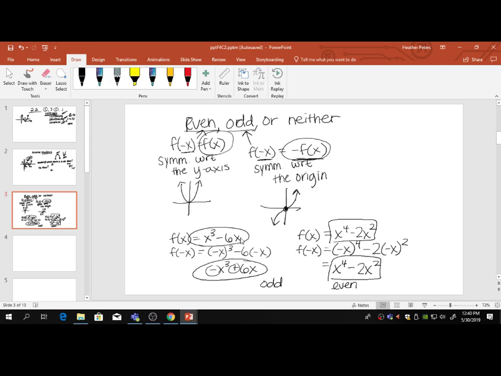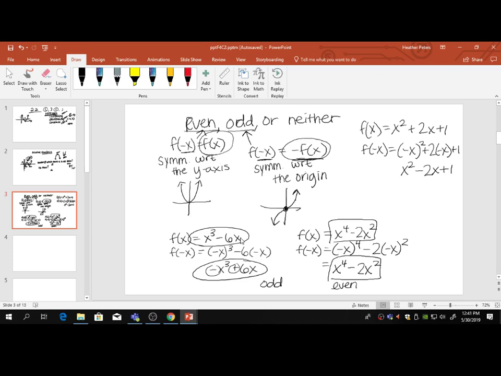Okay, and let's say you have something like f of x equals x squared plus 2x plus 1. So again, you'll plug in a negative x. So everywhere there's an x, you'll put a negative x. Negative x times itself is x squared, positive. 2 times a negative x is negative 2x, and then I have the plus 1 on the end.